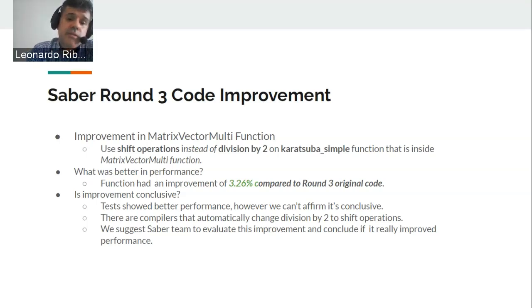With these changes, we found an improvement of 3.26% compared to round 2 original code. So these improvements are not conclusive. Maybe someone from the Saber team needs to find out if it really was a real improvement or not.